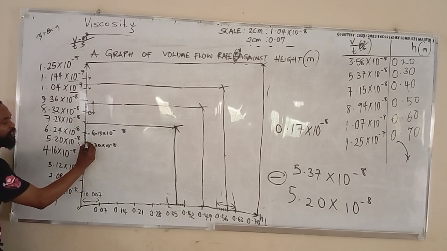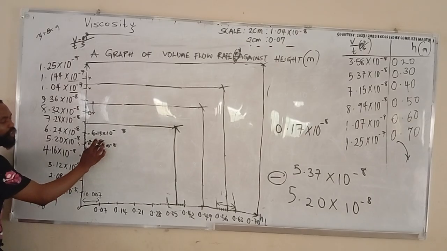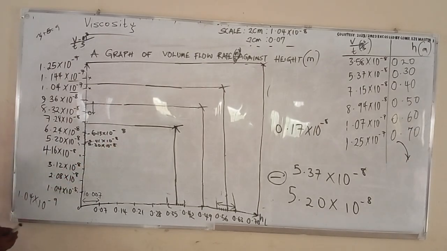So the next one is 5.408, which is 5 points times 10 raised to power. Now notice something. Remember that what we are looking for is 5.37. Do you remember? Yes. But we've got to 5.41 now. That means that in between 5.37 and 5.41, we should have 5.37. So the gap from here to here is this thing, and the gap from here to here is this. So divide by 2. What do you have?